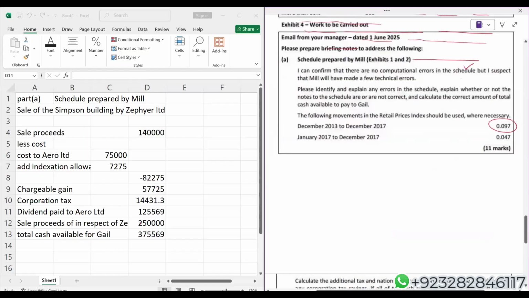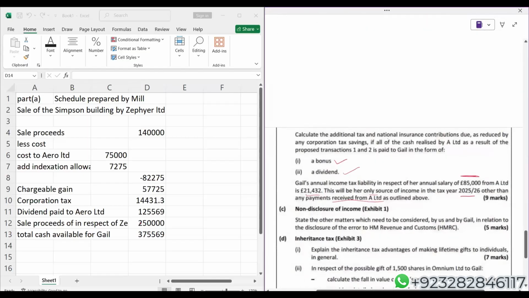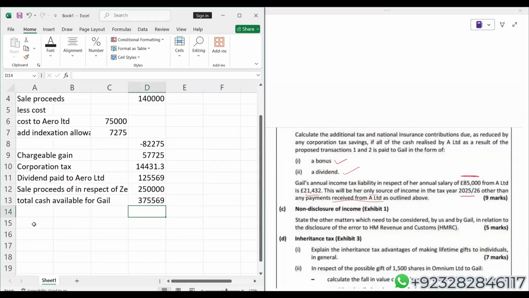So first it will be bonus. I would say a basic calculation, which we did way back at the start of our ATX course.